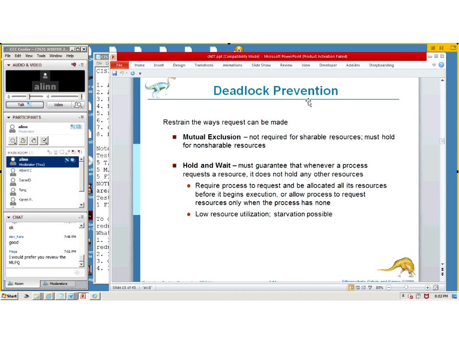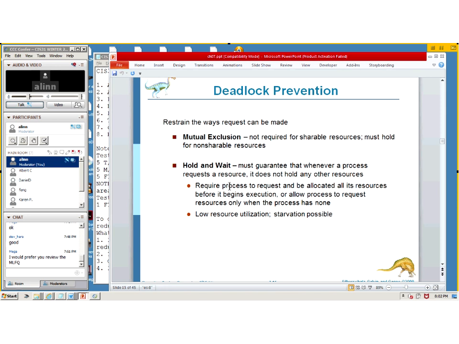Okay, so our first look at this is, let's see how we can prevent deadlocks. So basically, restrain the ways a request can be made. Mutual exclusion: not required for shareable resources, must hold for non-shareable resources. So you could break them up into shareable versus non-shareable.